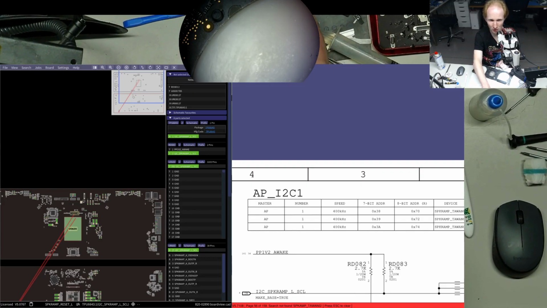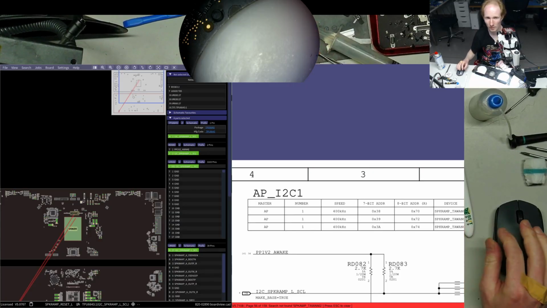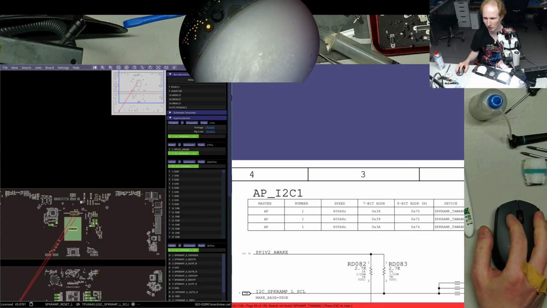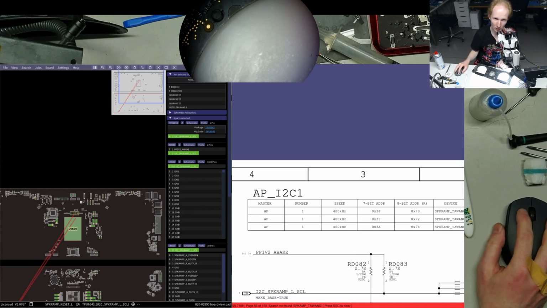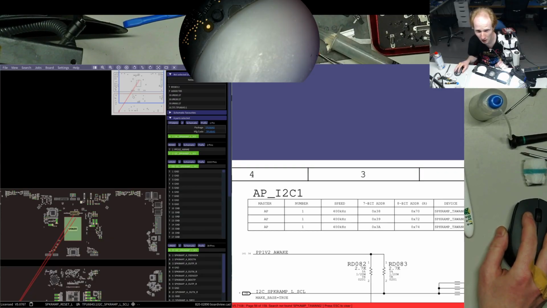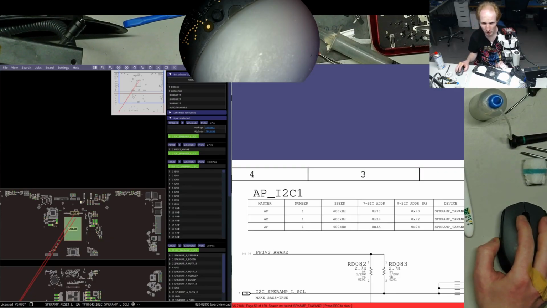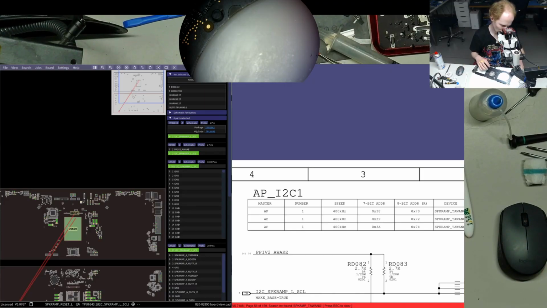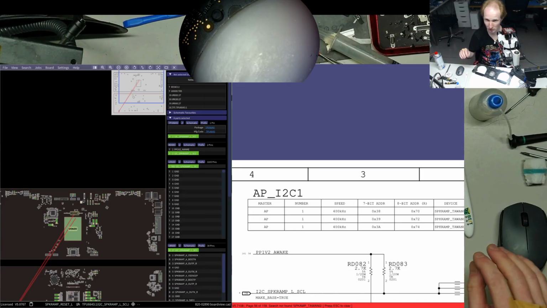It's actually a built-in feature to decode most common lines like SMBus or I2C or whatsoever. So this one you can do SVD, UART, CAN bus, and so on. And mostly you can also download extras.